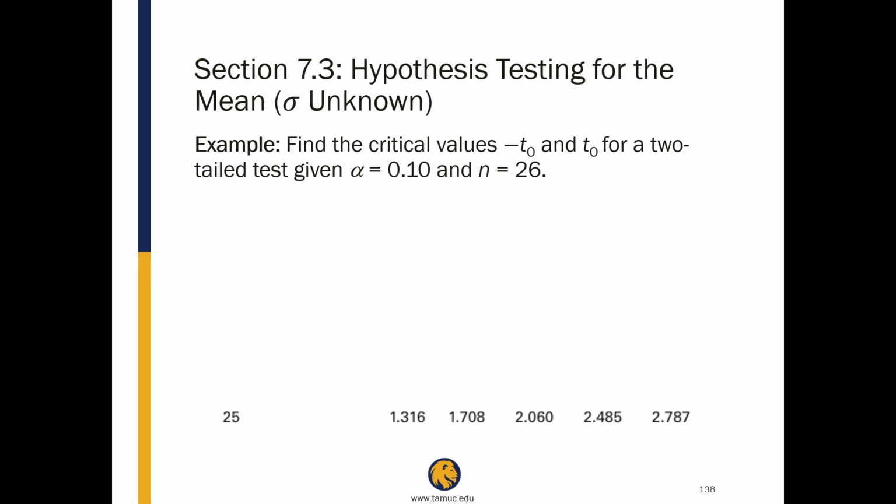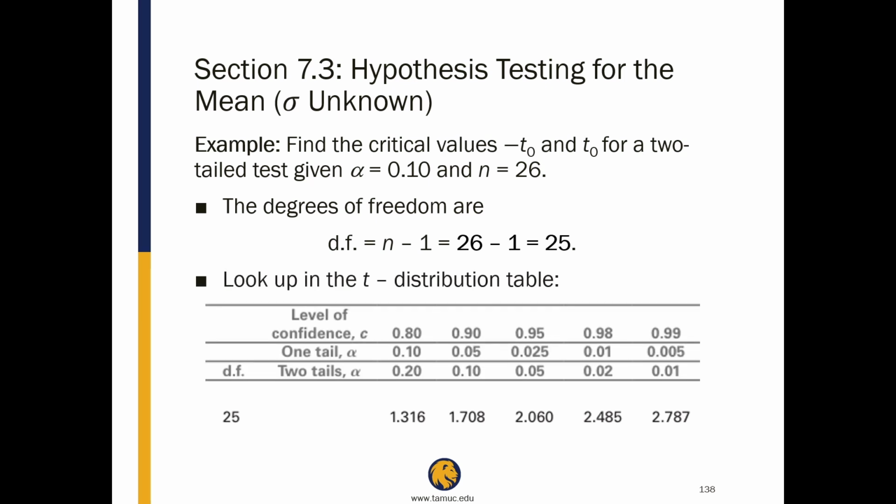Let's look at another example. Let's find the critical values, negative t and positive t, for the two-tailed distribution given by alpha is 0.10 with n equal to 26. So the degrees of freedom, we subtract one away to get 25. And in the t-distribution table, we go down to the degrees of freedom 25, but now we're doing two-tailed distribution with 0.10 for alpha.